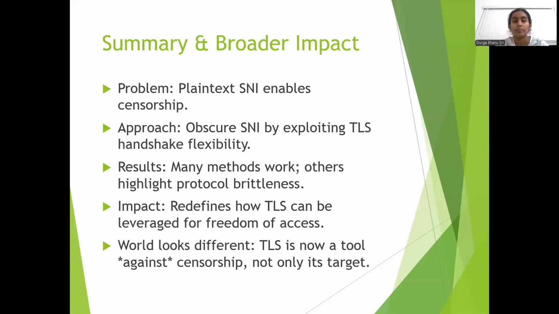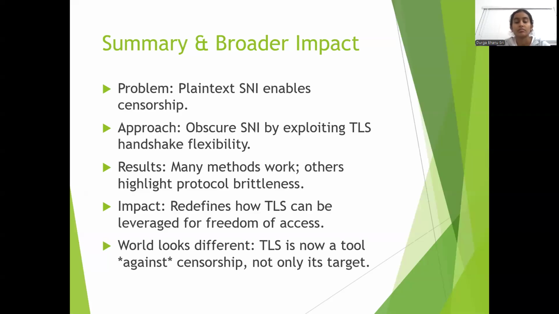And then the broader impact, how the world looks different because of this work: the research community now views the TLS handshake itself as an active place to counter censorship. Tools and systems can increasingly embed TLS layer evasion, not just proxying over TCP. The arms race intensifies; censors may respond with stricter TLS parsing, anomaly detection, or disabling flexibility.